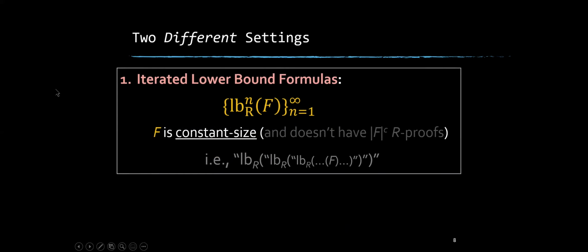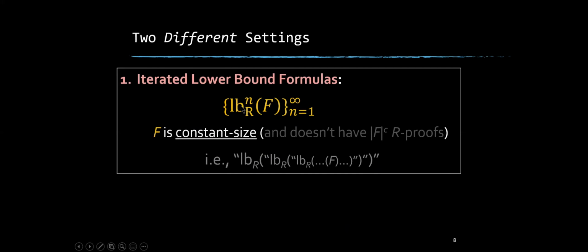Now, let me stress that there are two different settings that we consider. The first one is the setting that I'm going to focus on mostly in this talk, and this is the iterated lower bound formulas, which take the following form. So we start with this constant DNF, the constant seed, so to speak, and we use n from 1 to infinity.